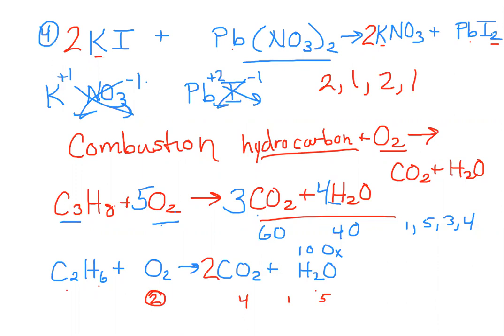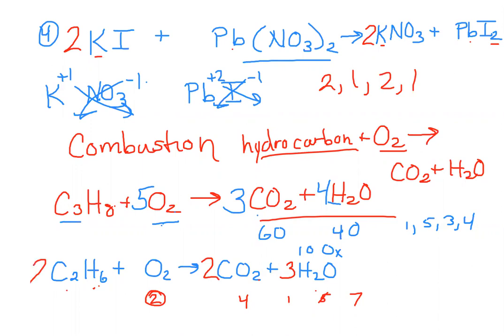But let's look at our hydrogens. We've got 6 hydrogens here. If we put a 3 here, so we have 6 hydrogens. Now we have 4, 5, 6. Now we have 7 oxygens, but that's not going to help us because we need to have it be even. So we're going to have to try again.